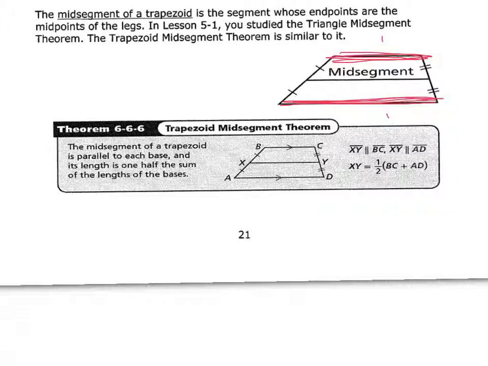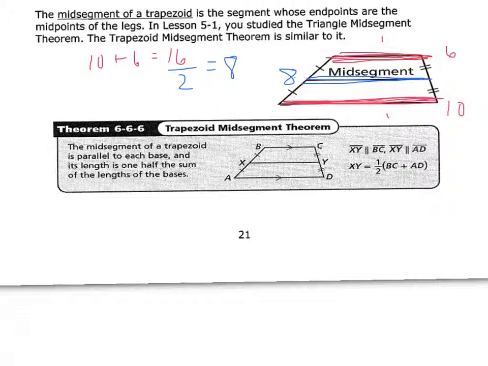For example, let's say this bottom part was 10 and this top part was 6. You could add those two up. 10 plus 6 is 16. To find this middle segment, you would just divide that by 2. So this middle segment would be 8.